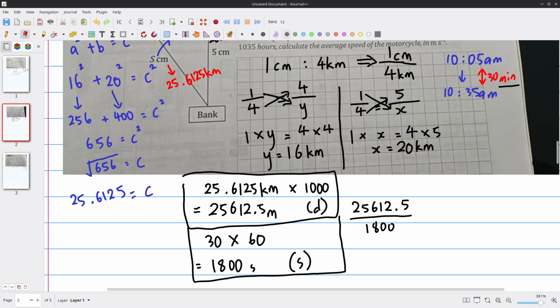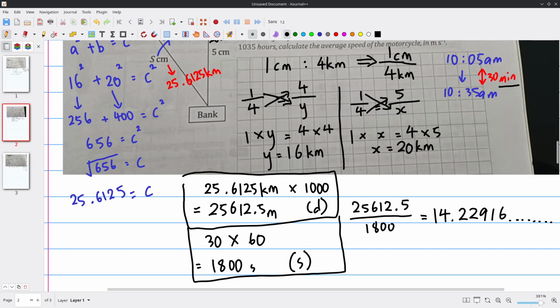So kalau jawapan cikgu 25612.5 teacher bagi dengan 1800, cikgu akan dapat roughly 14.2291666666666. Sangat panjang. Okay.